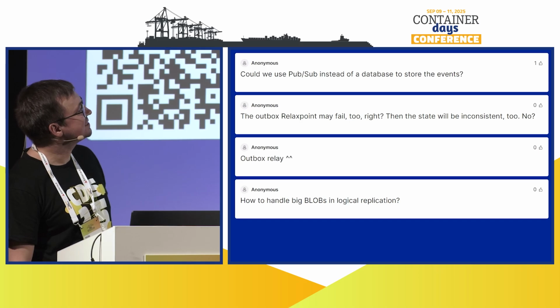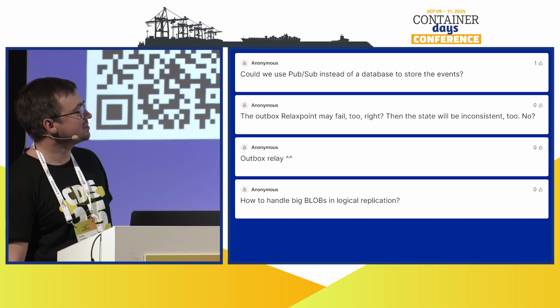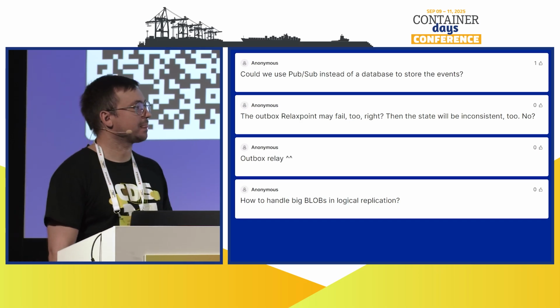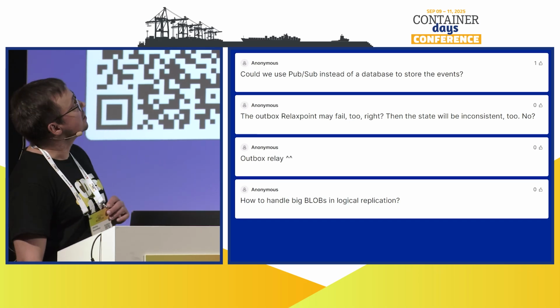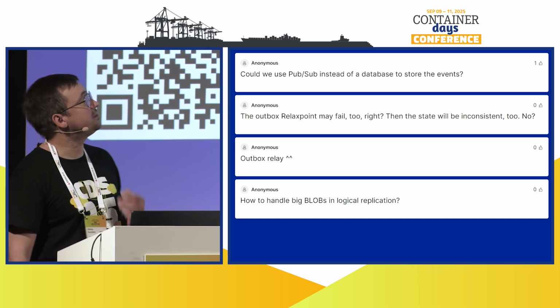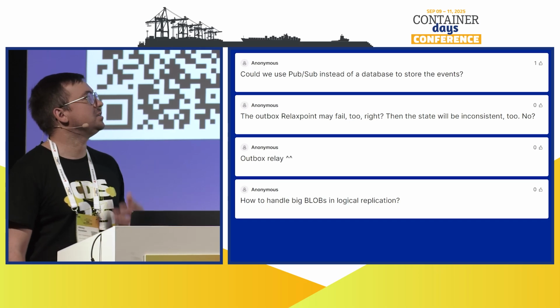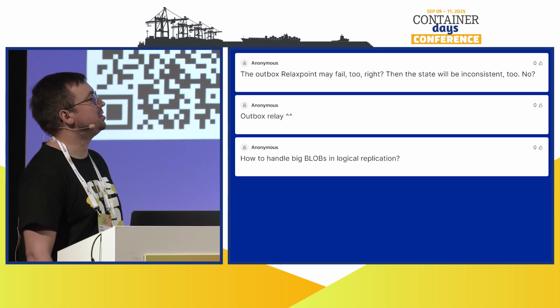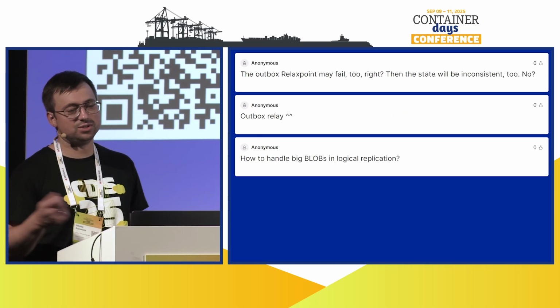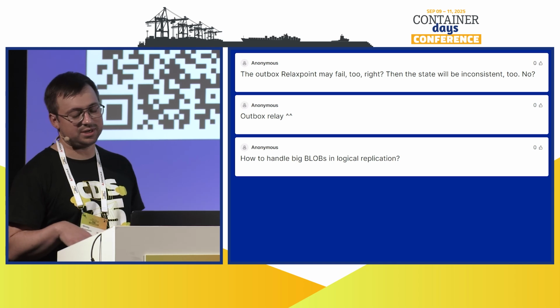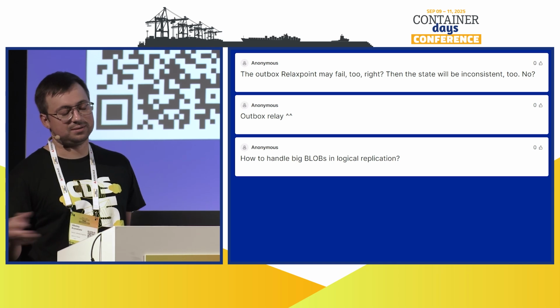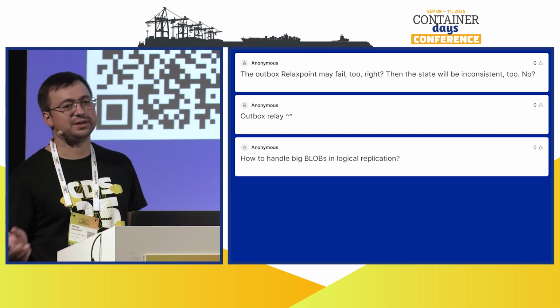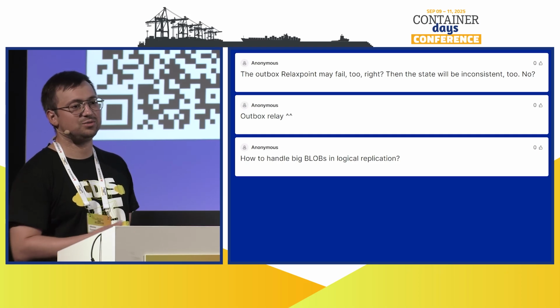Okay, so let's go with the next one. The outbox relay may fail too, right? So then the state will be inconsistent. Can that happen? Yeah, that's a good point. It can fail, but we have a guarantee that it would eventually be published. So it's not like we are losing the message, because the message is already in the database. So once the outbox relay is up again, eventually it would publish the message.